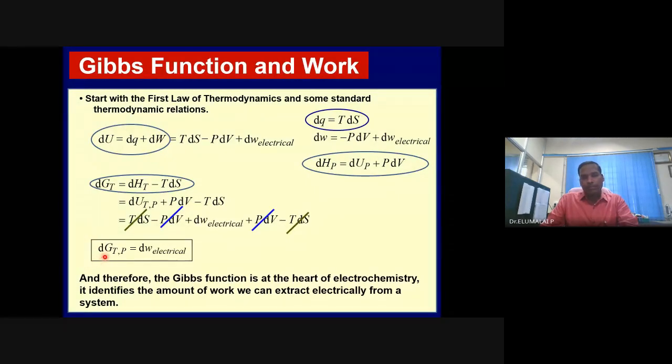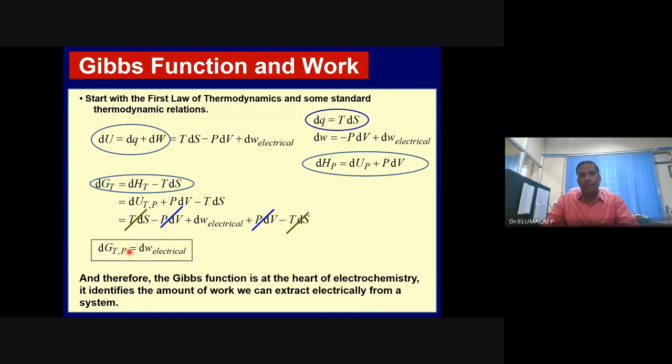Delta G, or dG, is equal to dW. You see that the electrical work that you can obtain from a battery is related to the free energy. So people say it is the heart of electrochemistry.